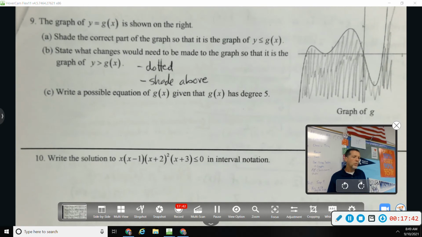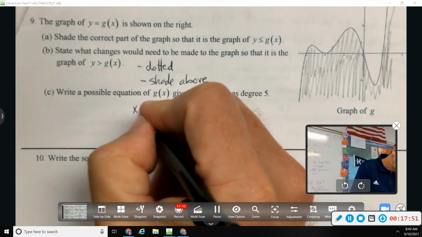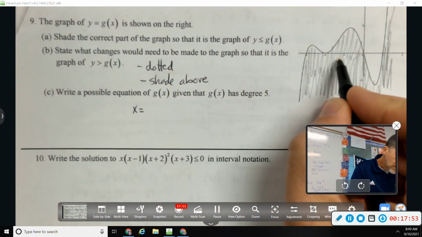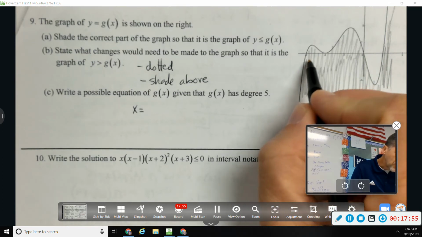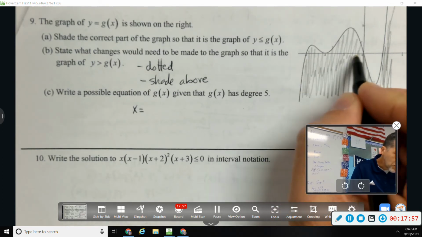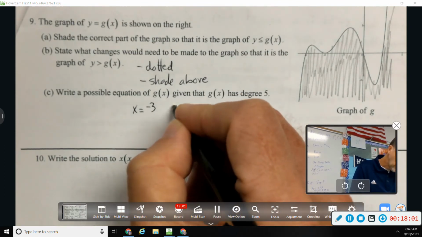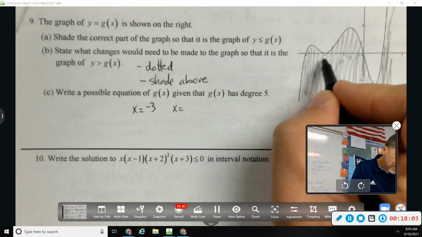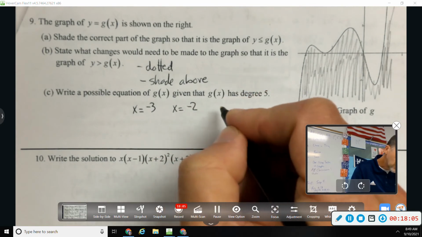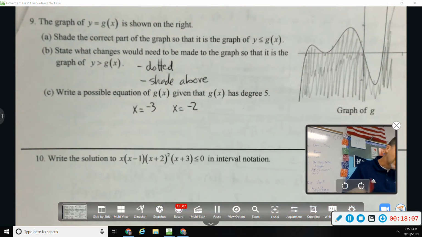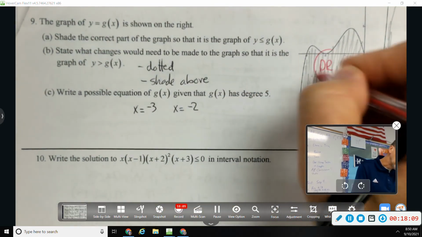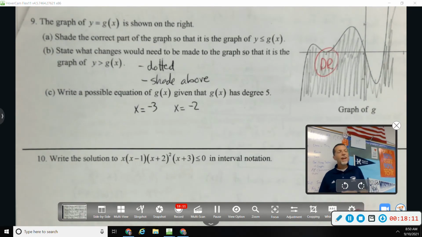Write a possible equation of g that has degree 5. Well, let's pick the zeros off the graph. So x equals, my goodness, I need to get me some glasses on here. So negative 3, x equals negative 2. Good, that's a double root right there because it bounces. And nowhere does it say, hey, look for double roots.